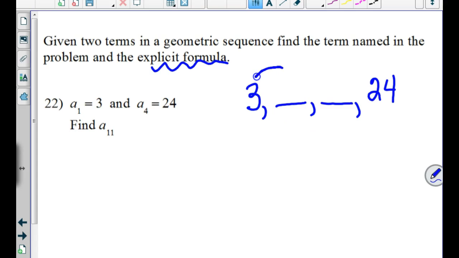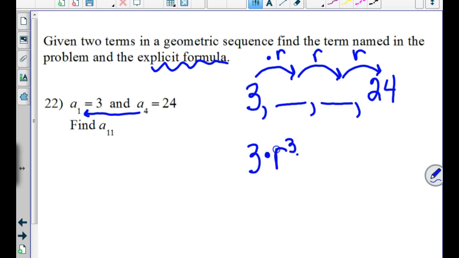So to get here, we would multiply by r, whatever r is, right? Then we'd have to multiply by r again, and then we'd have to multiply by r again. So the difference in these numbers tells you how many times you were multiplying by r. So it's 3 times r to the third gave us 24.